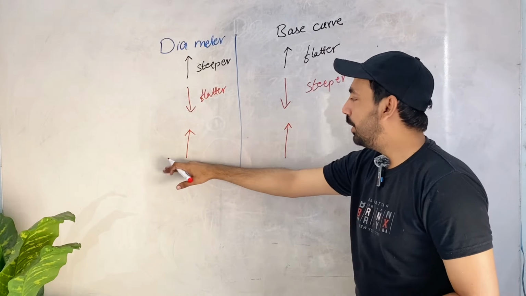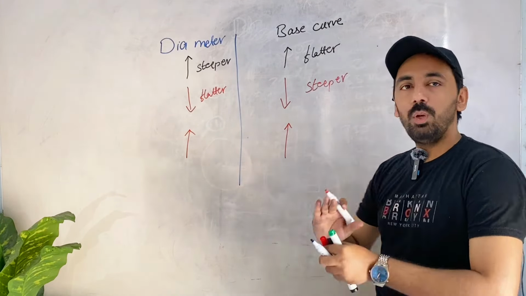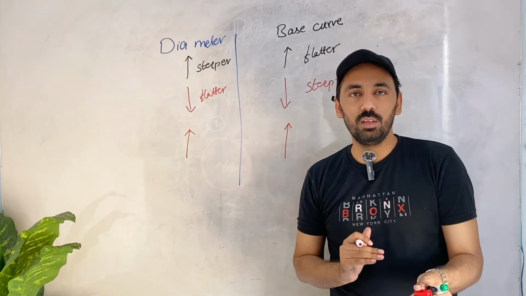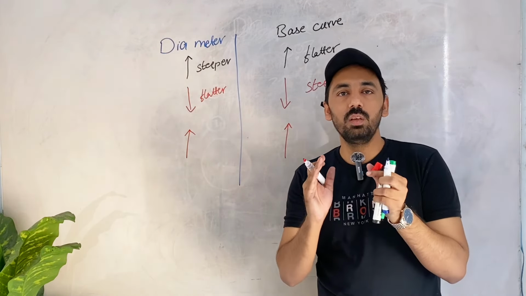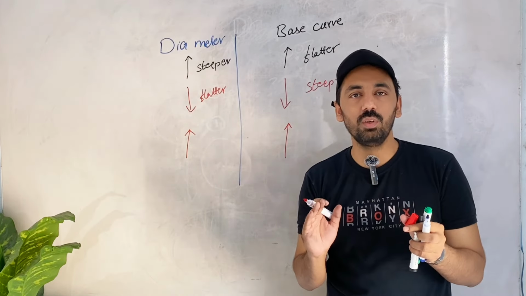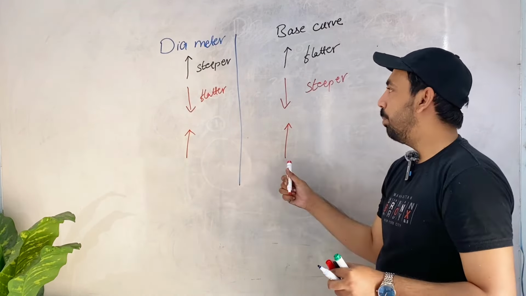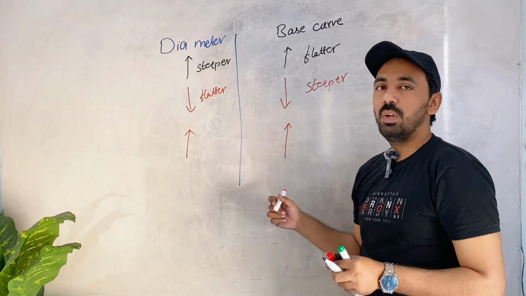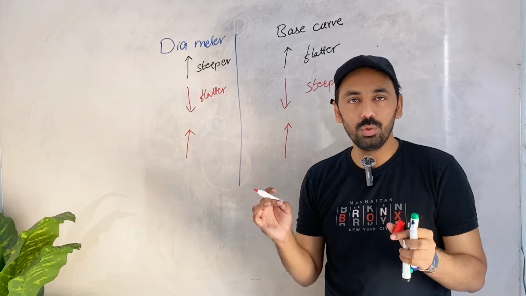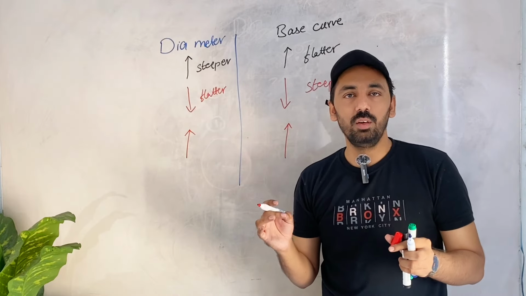So if you increase both, there will be no effect on steepening and flattening of the contact lens. Your lens will look the same, right? If you increase both the diameter and the base curve in a certain amount, then there will be no steepening, there will be no flattening of the contact lens.